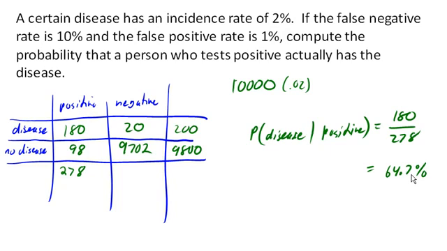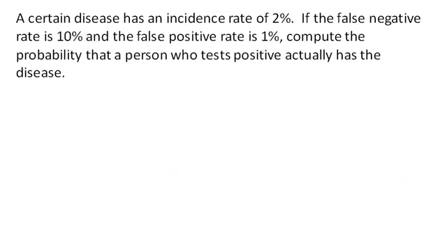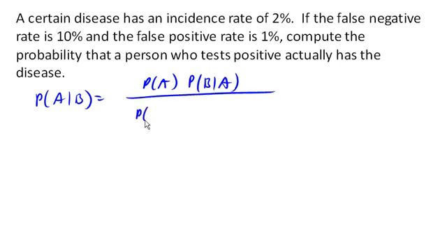Now, there's another way we could go about this problem, and that would be using Bayes' rule. So let's take a look and see what that would look like. So Bayes' rule says that the probability of A given B is the probability of A times the probability of B given A over the probability of A times the probability of B given A plus the probability of A complement times the probability of B given A complement.